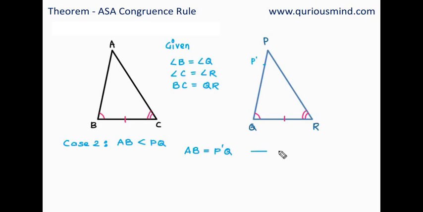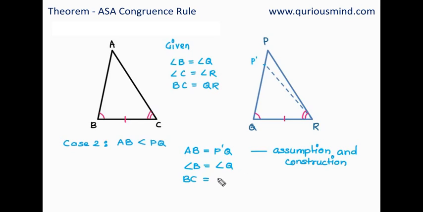That's because of our assumption and construction. So now we have this triangle P dash QR in which AB is equal to P dash Q. Now we also know that angle B is equal to angle Q, that's given, and BC equal to QR, again given.